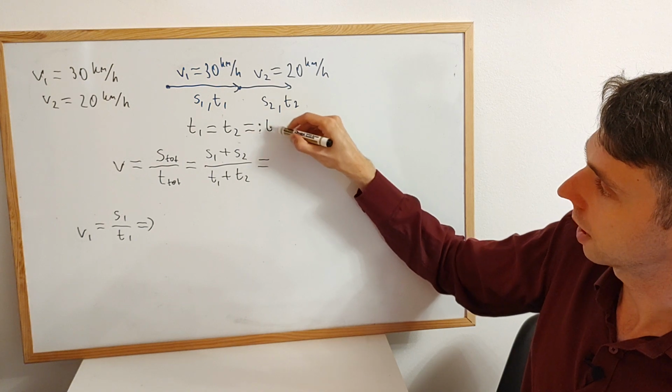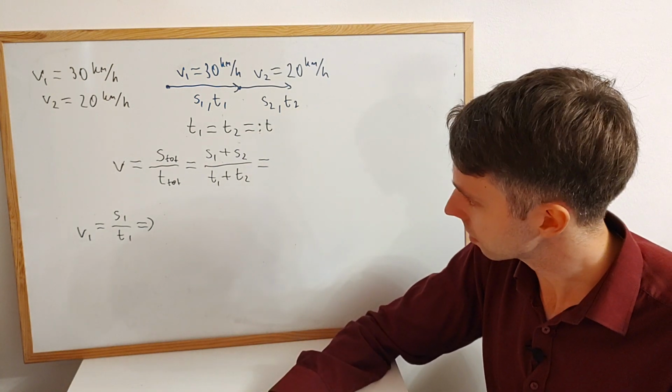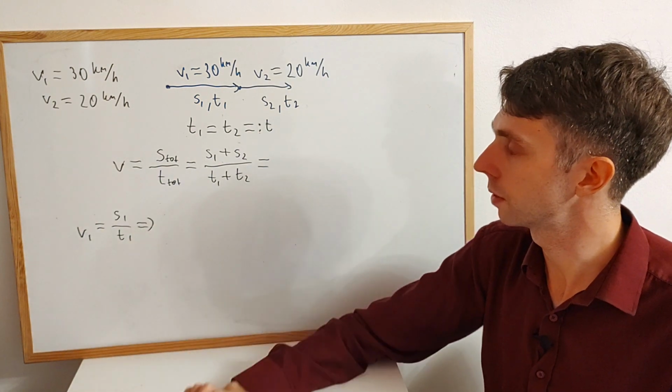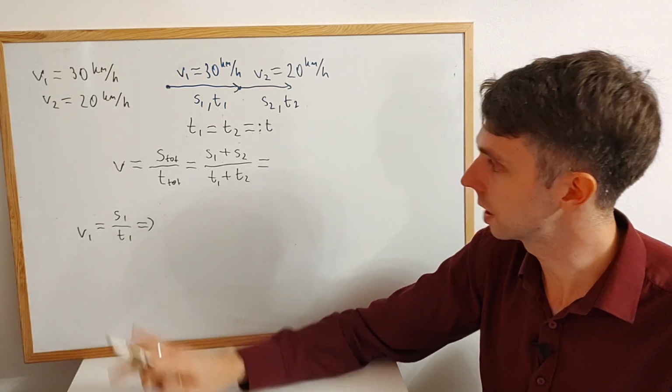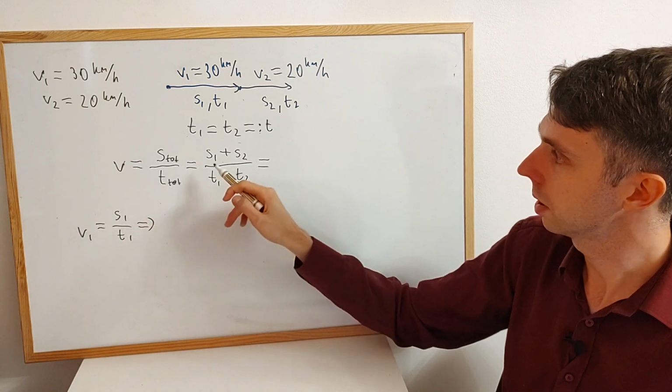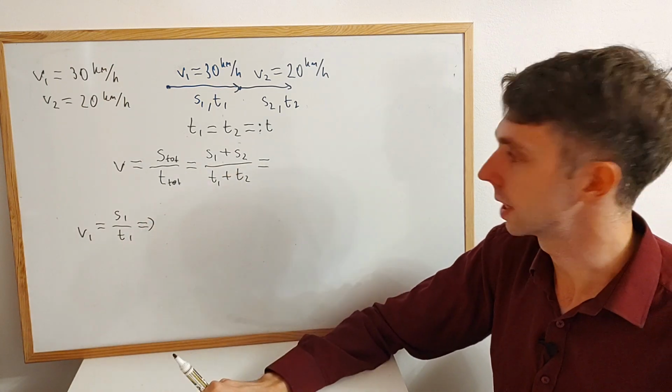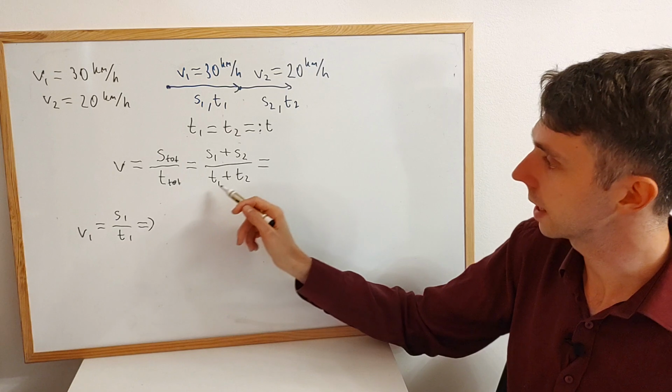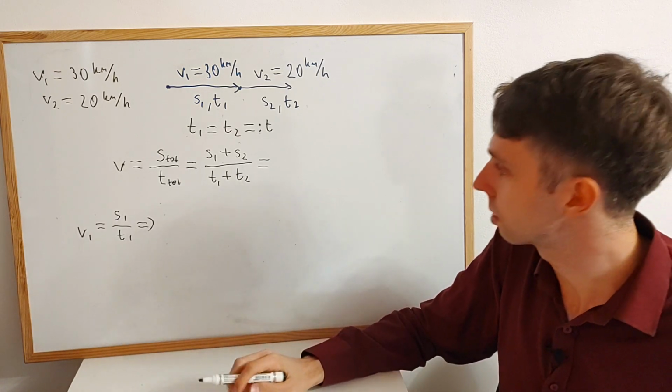So let's call them just t. The formula for average speed is still the same, total distance divided by total time. So (s1 plus s2) divided by (t1 plus t2).